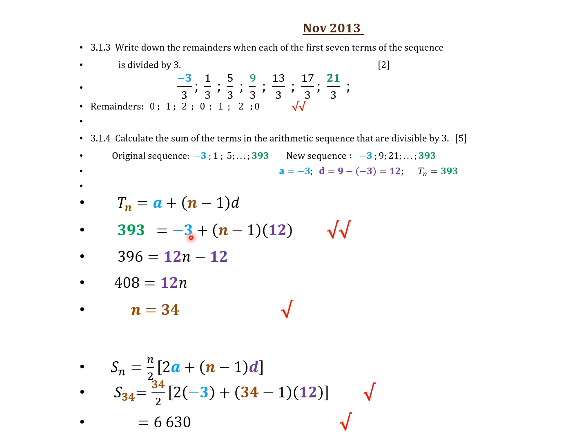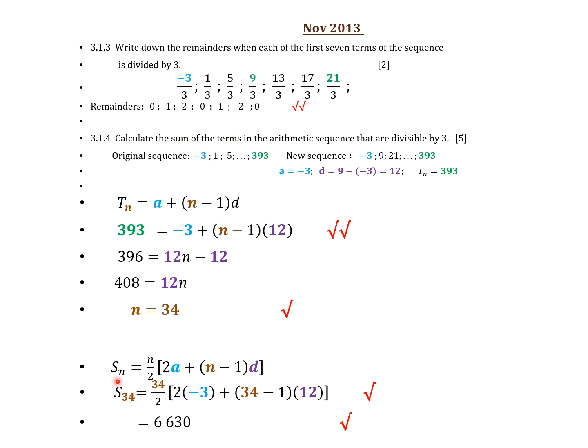So if I take -3 over, 393 plus 3 gives me 396. If I take -12 over, plus 12, 396 plus 12 gives me 408. So 12n is 408, divided by 12 gives me 34. So n equals 34.